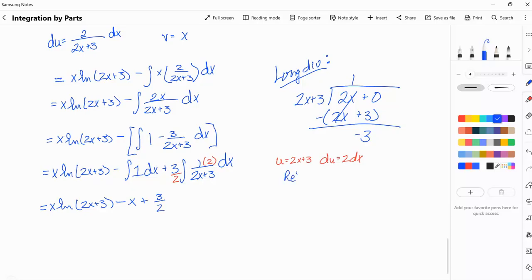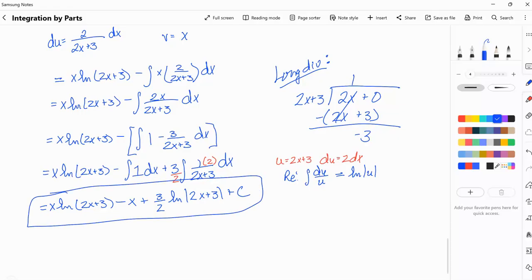So my rewrite step would say I'm integrating du over u, which is equal to the ln of u. So this is going to be ln of the absolute value of 2x plus 3. And then we're going to have plus c on the end. So there's our final answer.